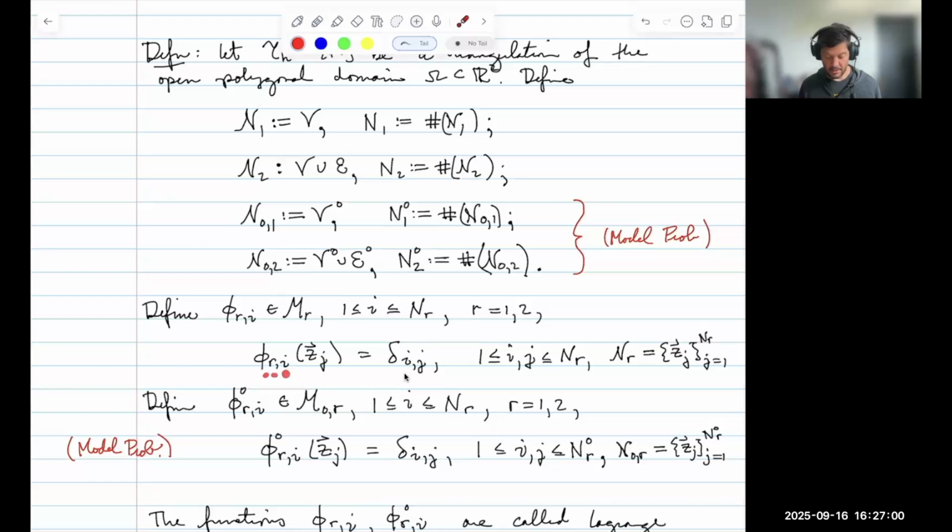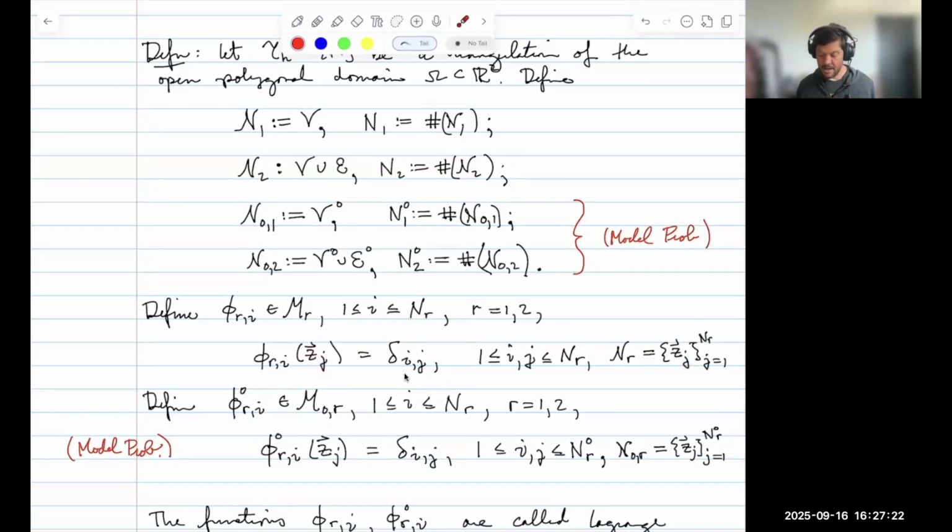Phi ri evaluated at zj is equal to the Kronecker delta symbol delta ij. The best way to figure out what this means is through some examples, which I'll give you in a minute. Okay, so this zj is the set of all nodes in my mesh.